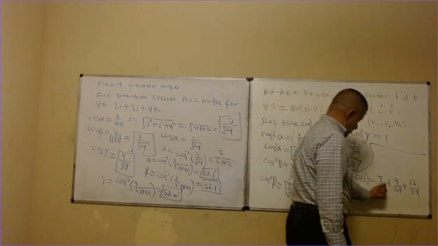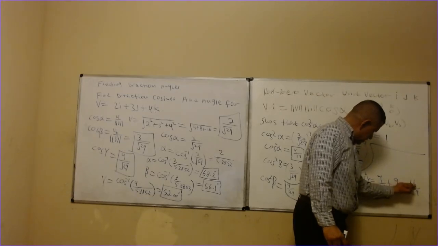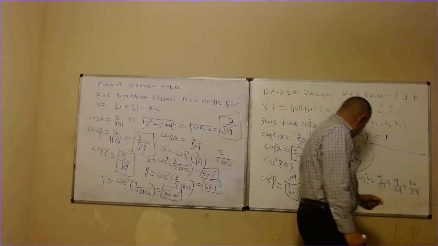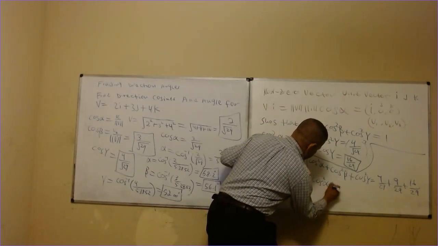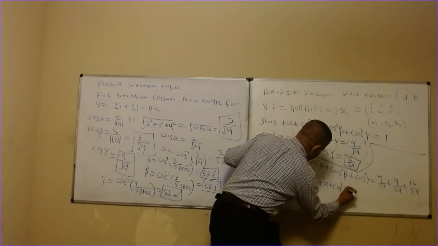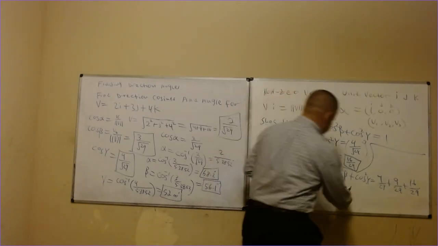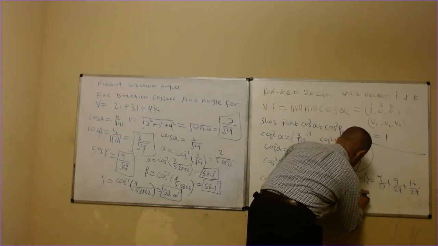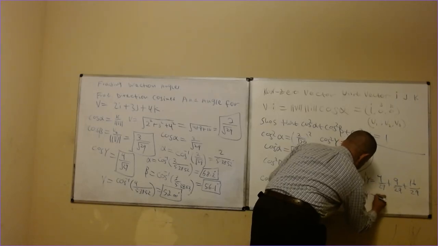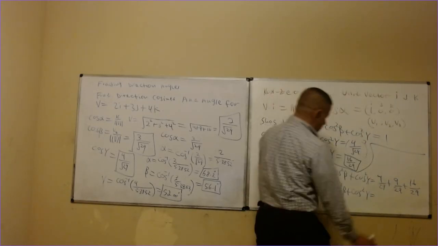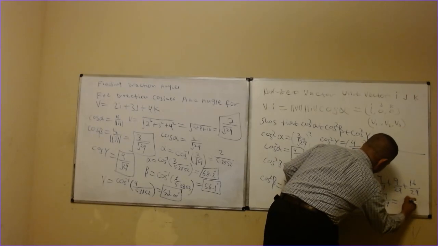Now when we add this, we get 20 plus 9 is 29. We can say that cosine squared of alpha plus cosine squared of beta plus cosine squared of gamma is equal to 29 over 29, which is equal to 1.